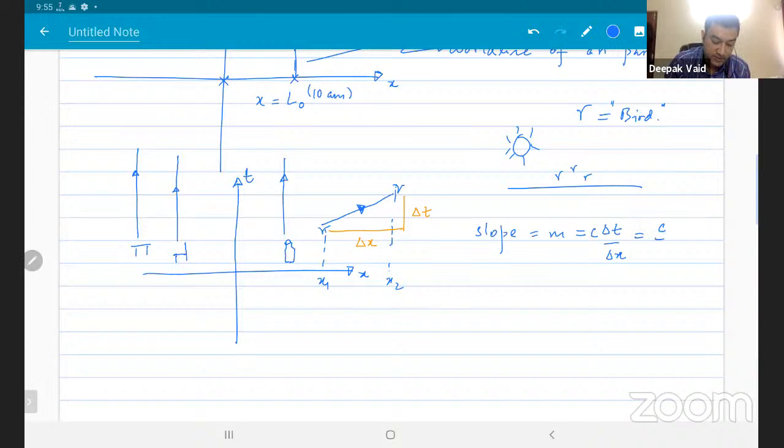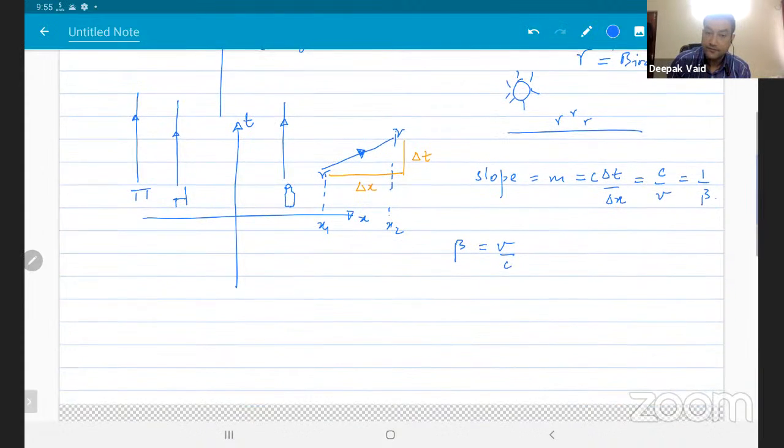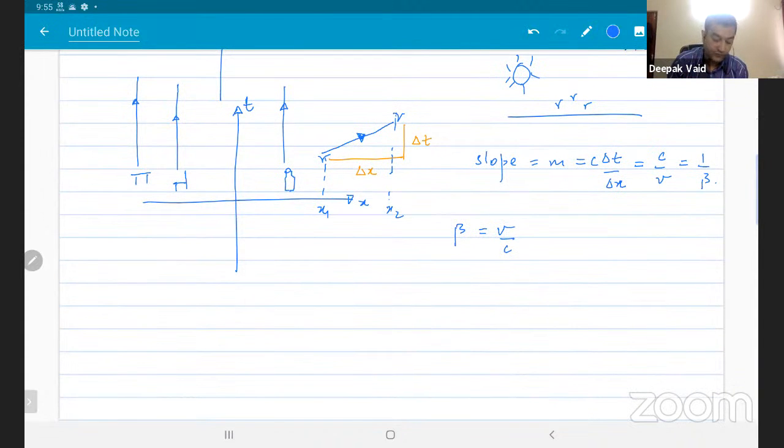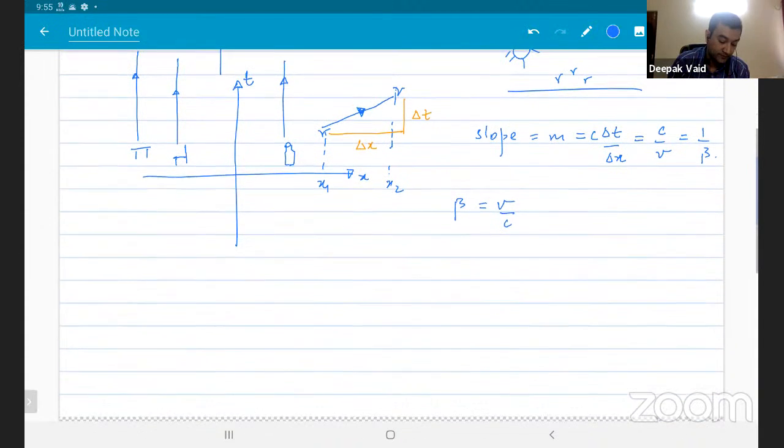It just becomes c divided by v, where v is the velocity of the bird, delta x by delta t. This quantity we write as 1 by beta. So if you take the velocity of some object and divide it by the speed of light, you get beta. We'll use this all the time.